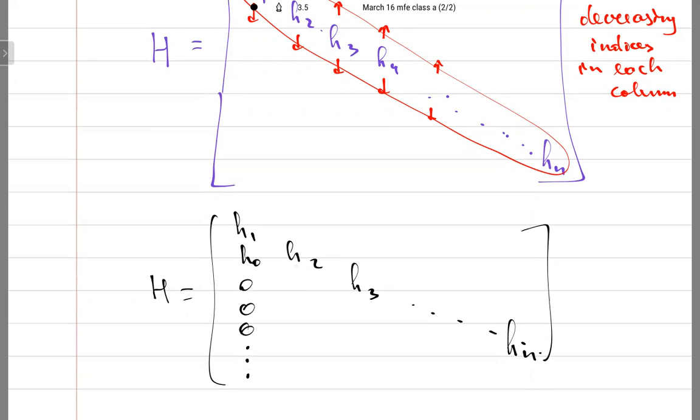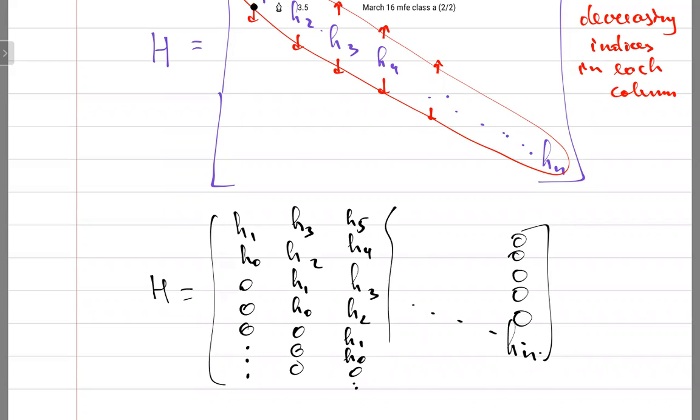What is decreasing from H2? I start with H2, H1, H0, 0, 0, 0, and I go up. It will be H3. If I continue with H3, H2, H1, H0, 0, 0, that continues H4, H5, and so on. And basically here I have 0, 0, 0 and so on. This is the construction of the Hurwitz matrix.